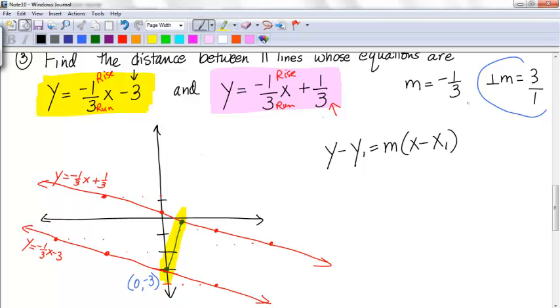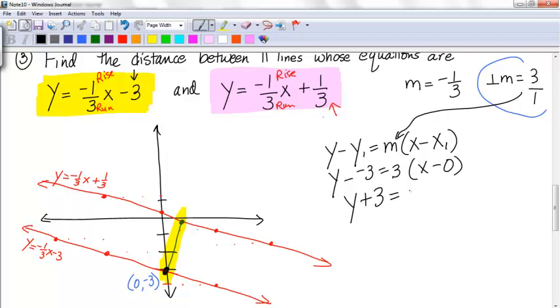I know the slope of that line. You told me the slope of that line was 3. You told me a point on that line is 0, negative 3. So I can sub in y minus a negative 3 equals 3 times x minus 0. Minus a negative, same thing as plus 3.